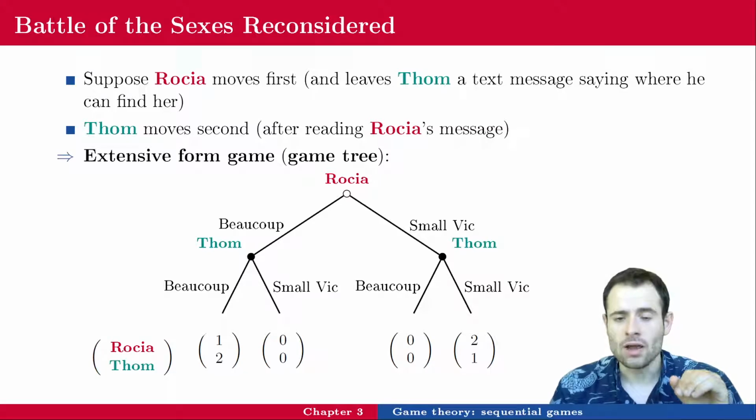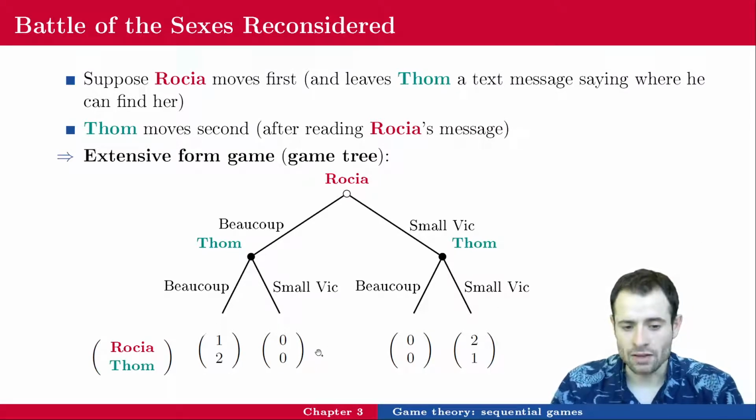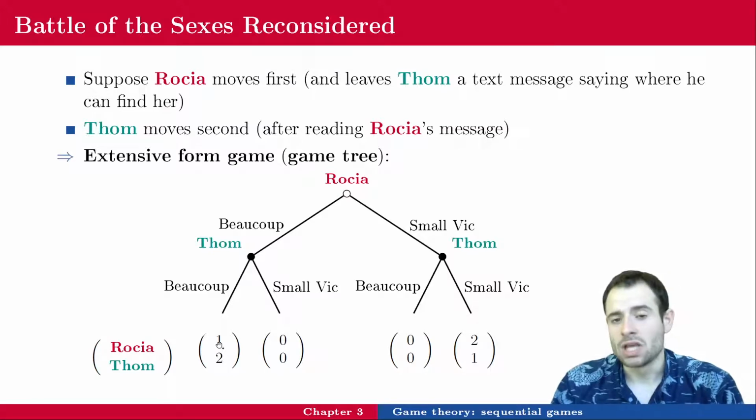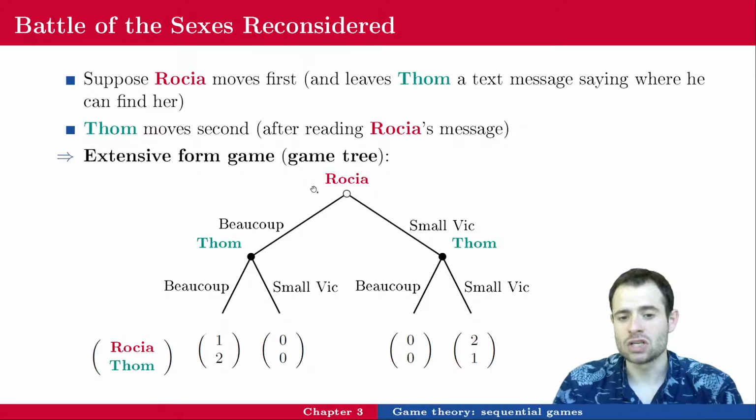At the end of the day, we end up with 4 different payoff profiles, which are represented vertically. The first payoff is the payoff of Rosia. This is how I represented it, because she is first to play. And the second payoff is Tom's, because he's second to play.